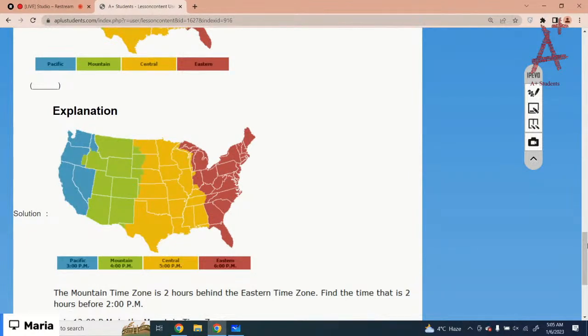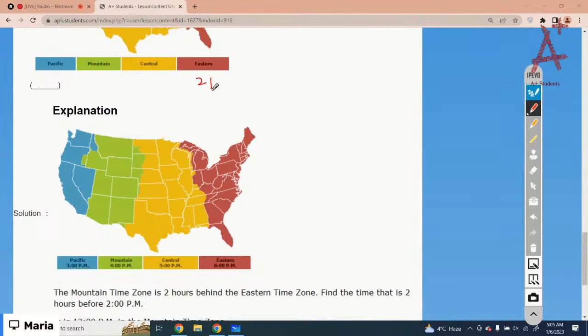If in the eastern time zone it is 2 p.m., go 2 hours back. When you go 2 hours back, it is 12 p.m. So the mountain time zone is 2 hours behind the eastern time zone.